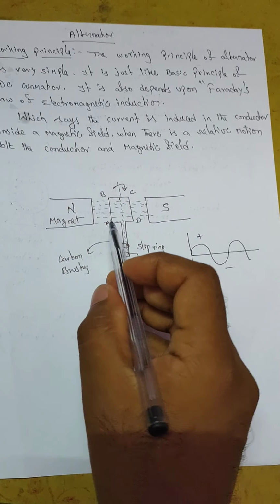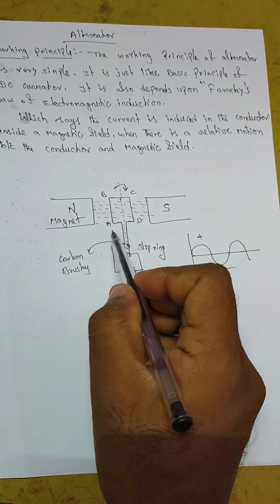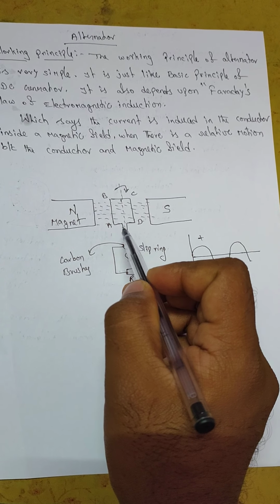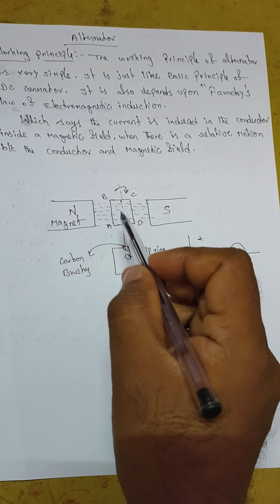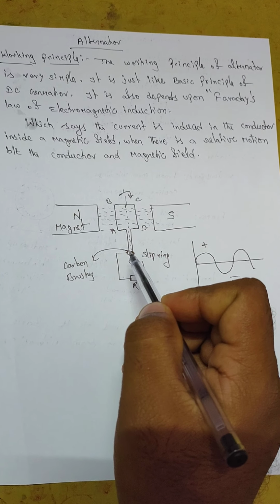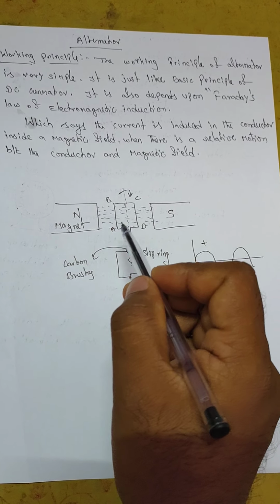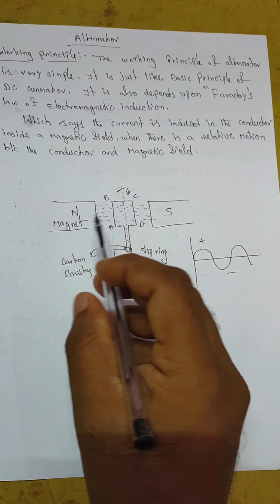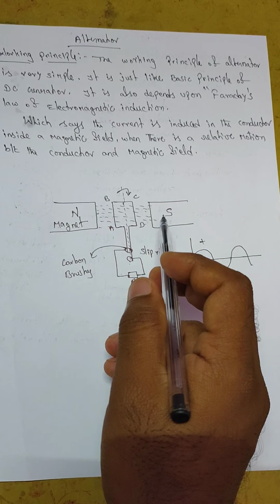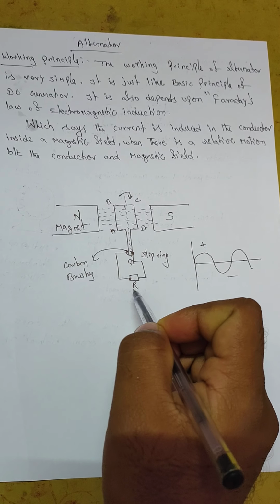This coil ABCD is called a rectangular coil. It is attached to a spindle, which helps in rotating it. We have the north pole and south pole, and we have a load here.